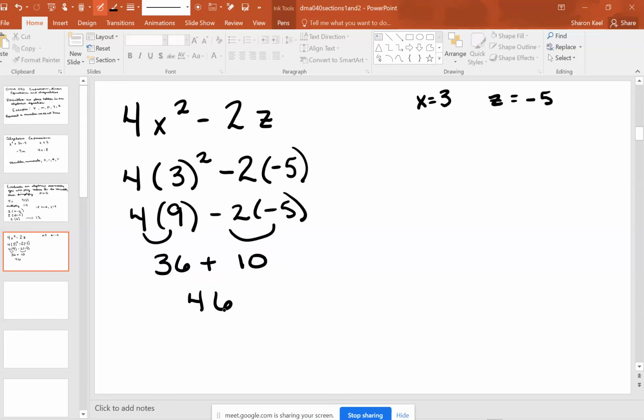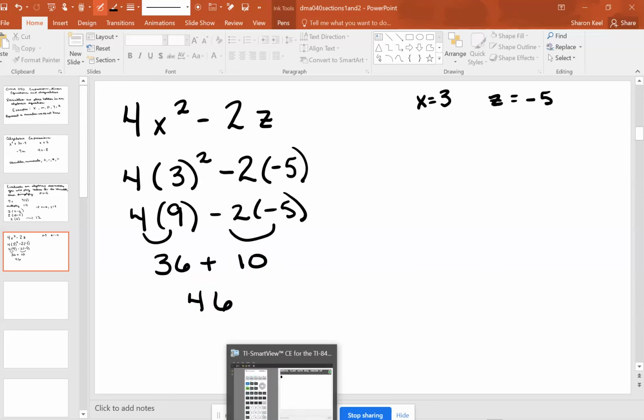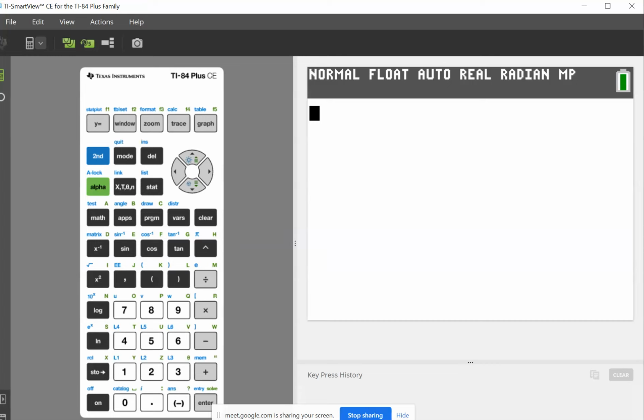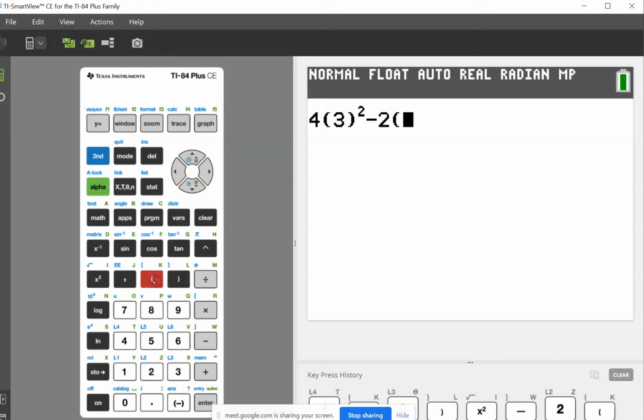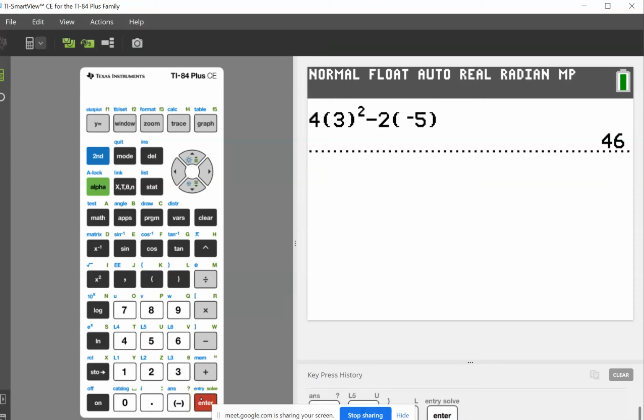Now, in order to check this, I highly recommend you use your calculator. So if we're going to use our calculator here, we're going to have 4 times 3 squared minus 2 times, down here we use the negative sign, negative 5. And that will check for us, and we get 46.